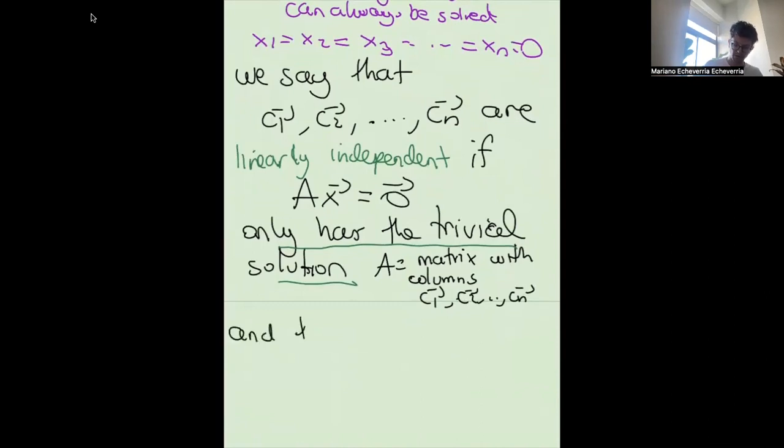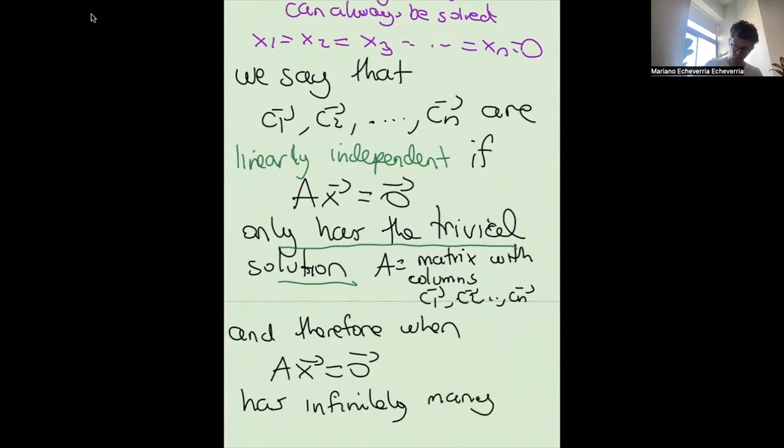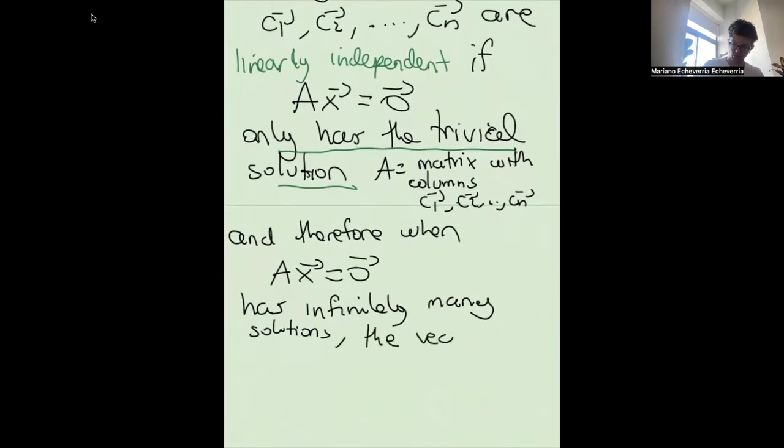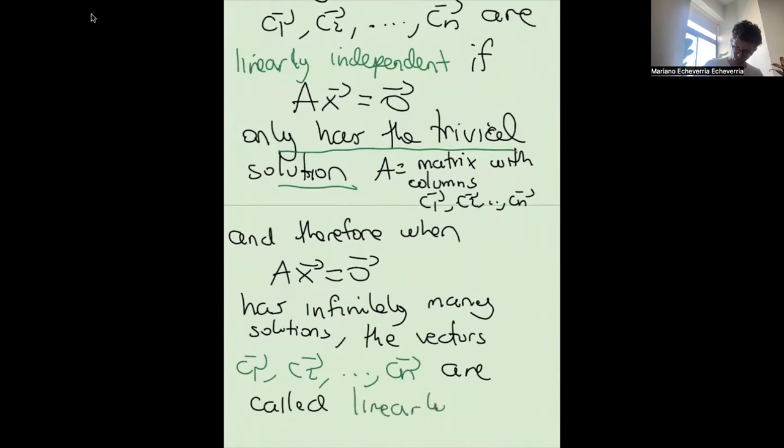Therefore, when AX equals 0 has infinitely many solutions, the vectors are called linearly dependent. Is that making sense?